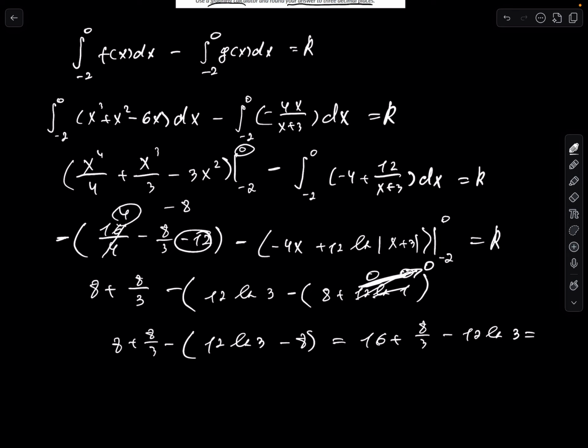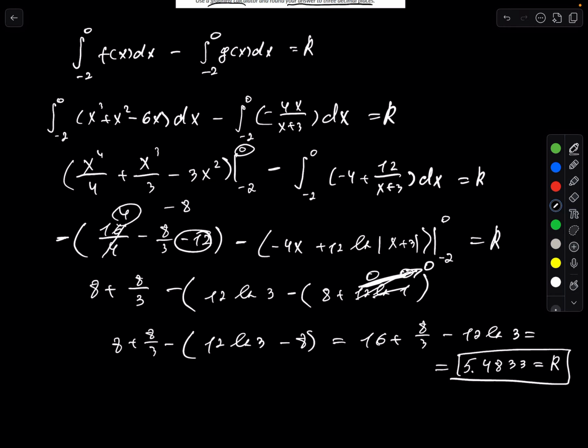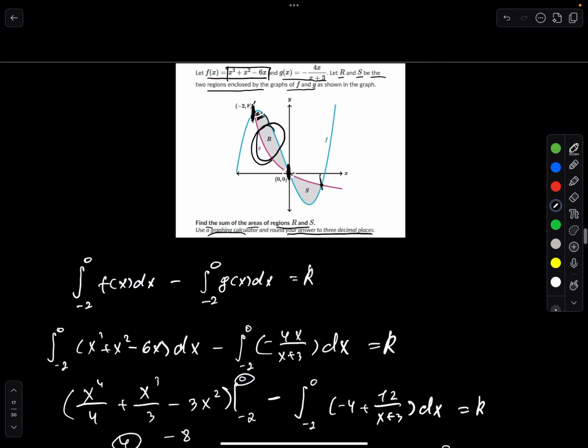So 16 plus 8/3 minus 12 times natural log of 3, we get 5.4833. This is R. And recall that R is only this part of the function.